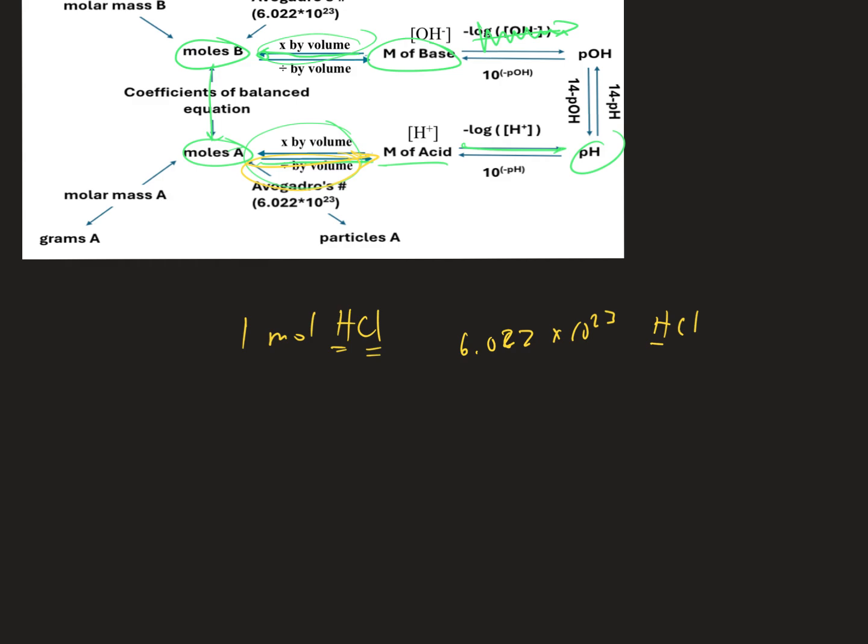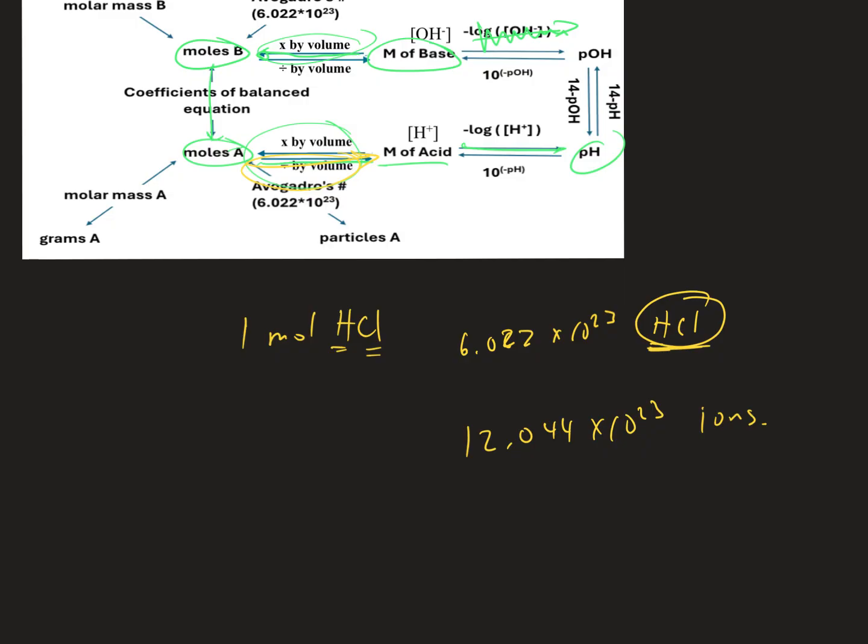That many. This makes up 2 different particles, so if we want to know how many ions, we have 2 ions for 1 HCl. That means we're going to have 12.044 times 10 to the 23 ions.